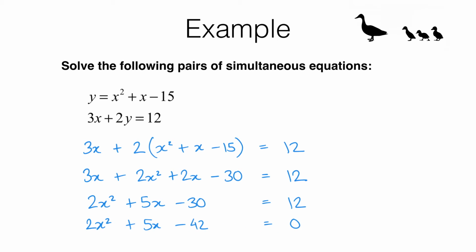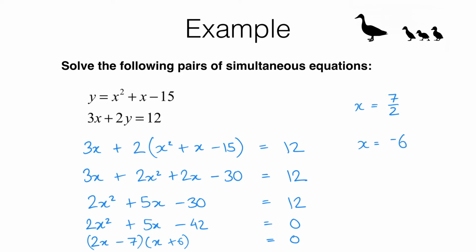Let's see if we can solve this by factorising. Yes, we can. We get 2x minus 7 multiplied by x plus 6. That equals 0. So this gives us two solutions. We have x equals 7 over 2. And we also have x equals negative 6.